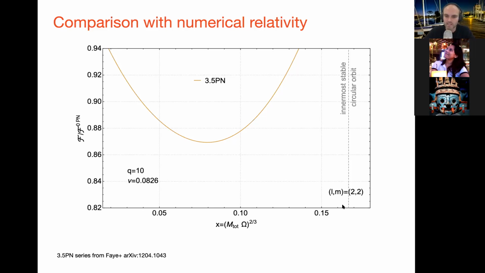And here again is the separation, this x parameter, and over here is the weak field where PN should be good, and here is the strong field, and here in the test body limit is where the innermost stable circular orbit lies. I'll plot the flux for the 2-2 mode and for q of 10, so a mass ratio of 1 to 10, or 10 to 1, which corresponds to the symmetric mass ratio of 0.08.